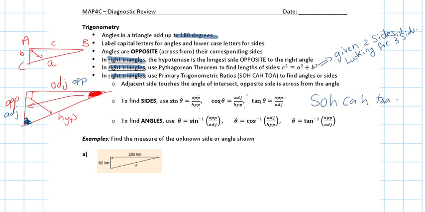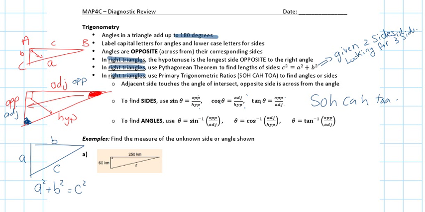So the Pythagorean theorem says that if I add the squares of the sides, if these are called A, B, and C, always the hypotenuse is C, the square of side A plus the square of side B is going to equal the square of side C. So a squared plus b squared equals c squared. Okay? So in this case, I have to know two sides, and I'm looking for the third. If I know a and b, I plug them in, square, and find c by square rooting.